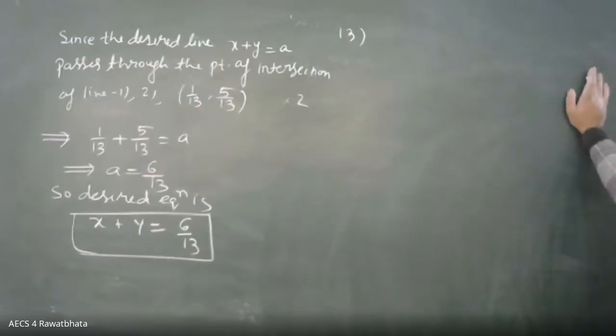Show that the equation of the line passing through the origin and making an angle theta with the line y is equal to mx plus c is y upon x is equal to m plus minus tan theta upon 1 minus plus m tan theta. Praved, can you repeat this? Yes, sir.